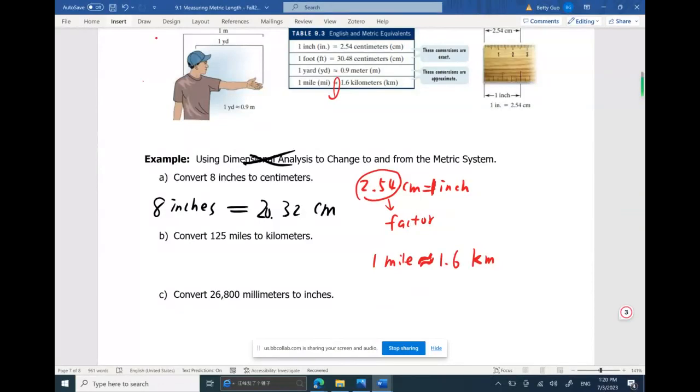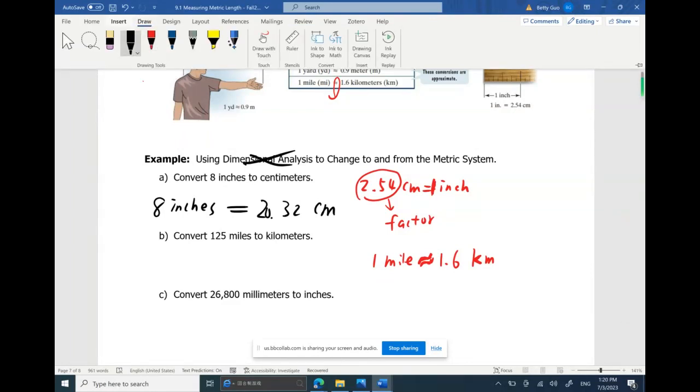So compared with mile, kilometer is a smaller unit, so the number in front of it is supposed to be bigger. That's how we know we are going to multiply by 1.6.